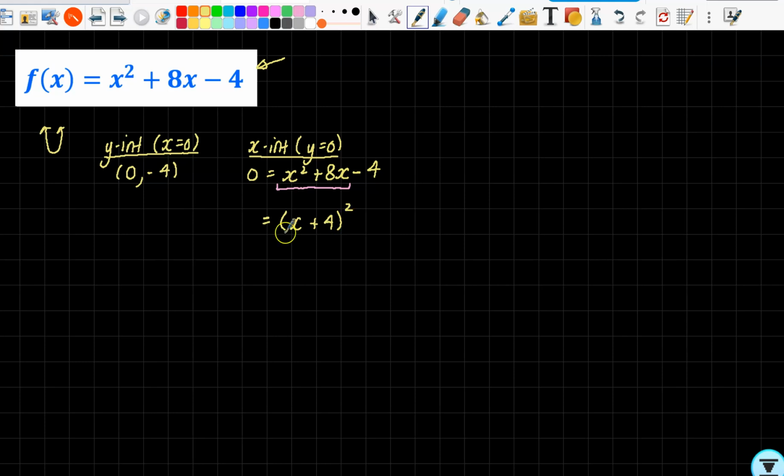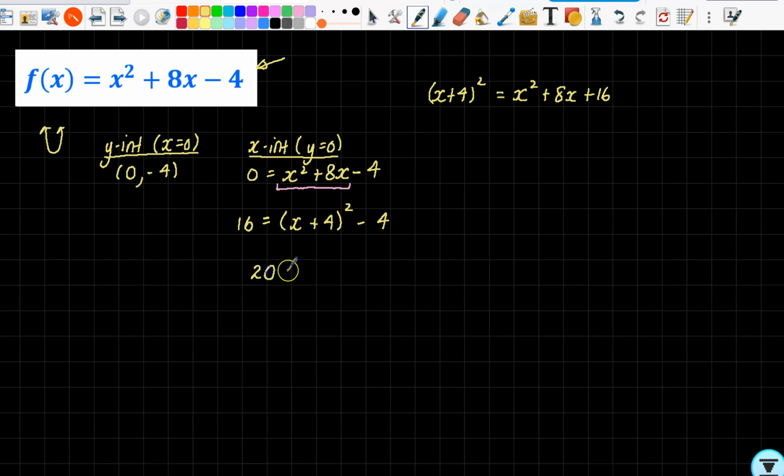But when I expand x plus 4 squared, we get the x squared, we get the 8x, but we also get this plus 16. So I've actually added 16 to this side, so that's okay. I'm going to add 16 to the other side. All is well. The take 4 is still there. And now let's pop the minus 4 over to the other side.